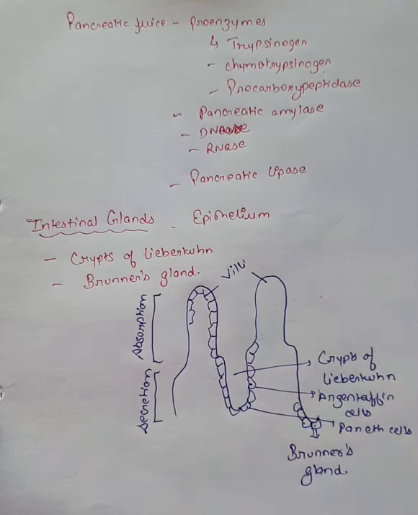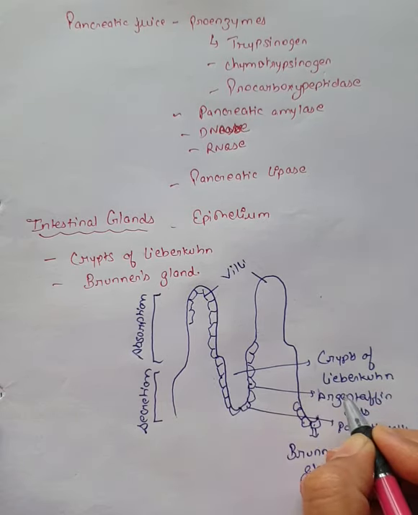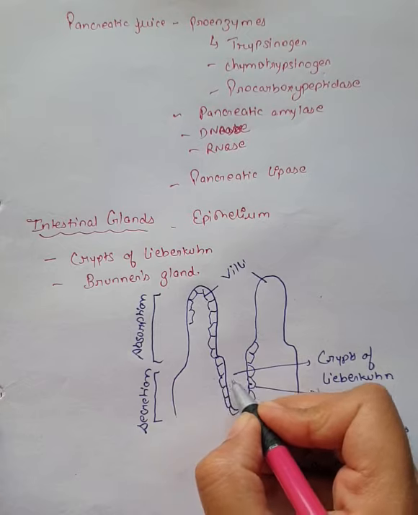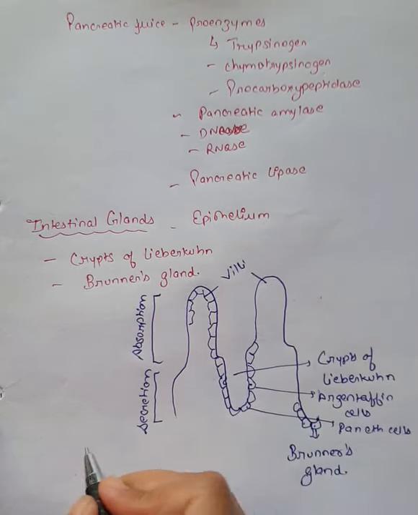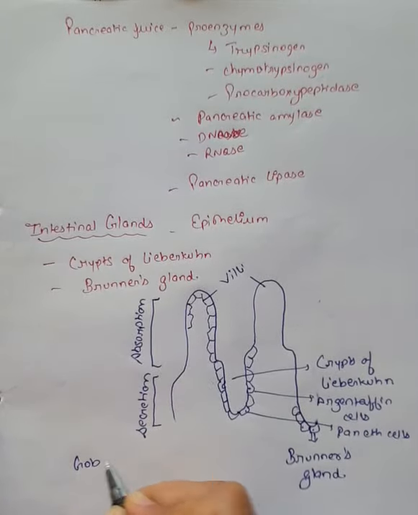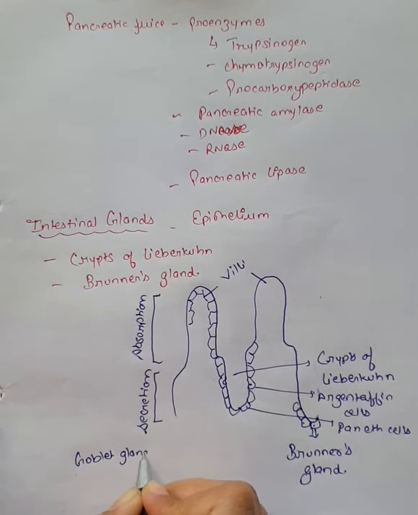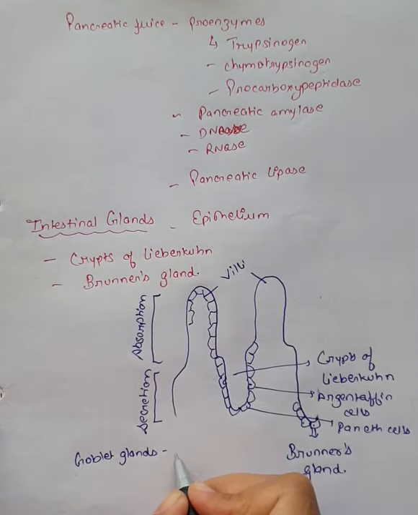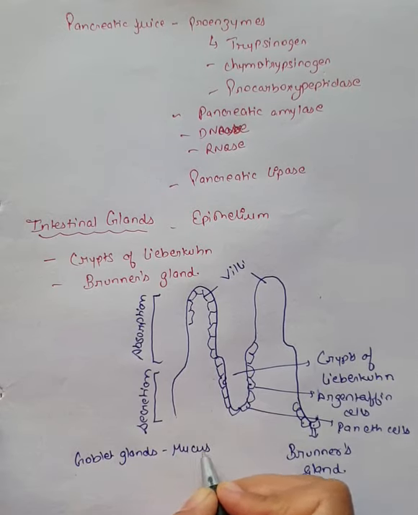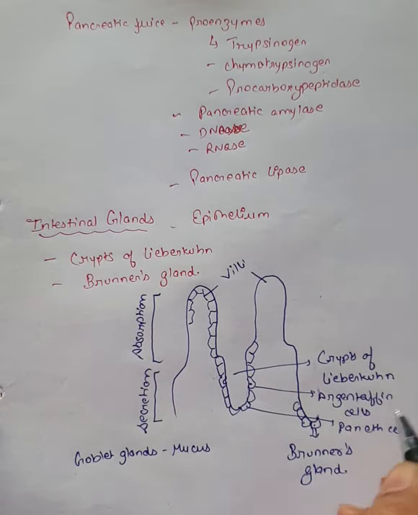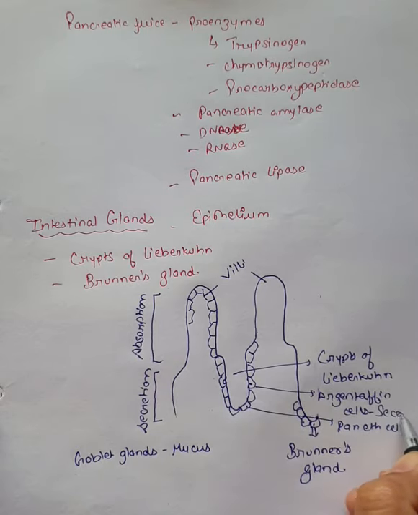Now what function are they performing? The crypts of Lieberkühn also have some goblet cells, and the goblet cells are involved in the secretion of mucus. The argentaffin cells are involved in secretion of hormones like secretin.